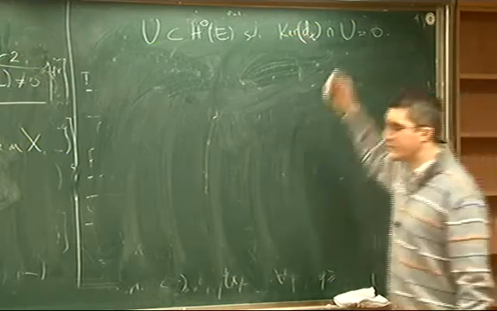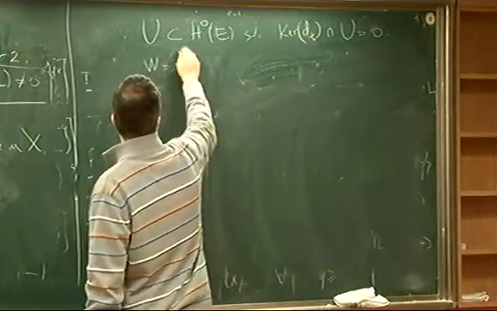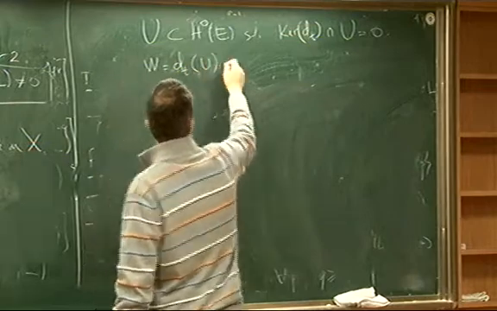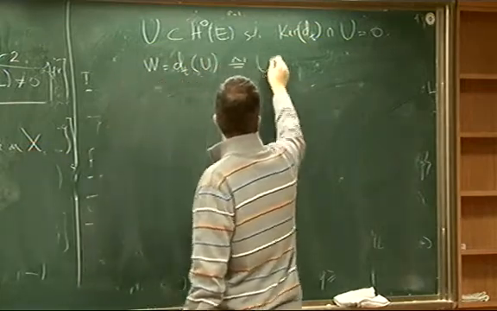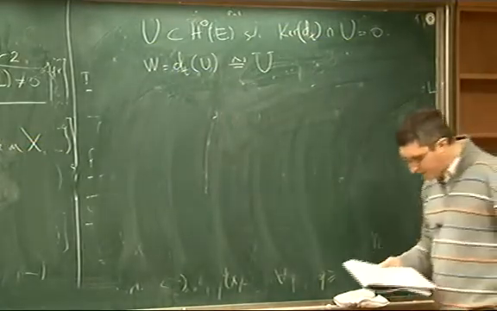Then dt restricted to U will be injective. Let's call W the image, which is isomorphic to U.